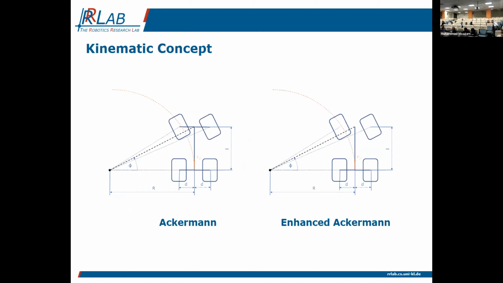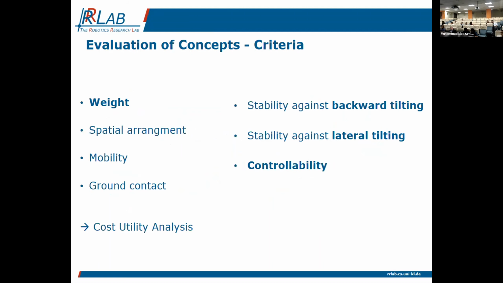Here is just an example of 2 of the compared kinematics. And we thought about how to evaluate these concepts, which criteria are there which we can compare, and which criteria are really important.